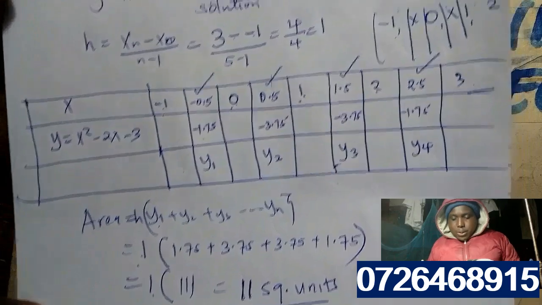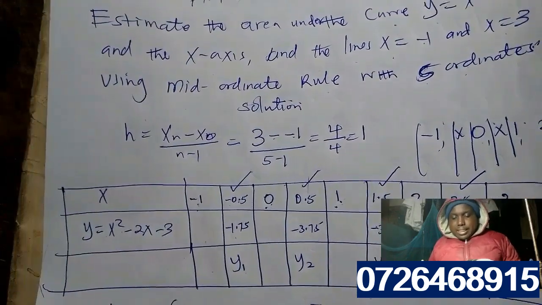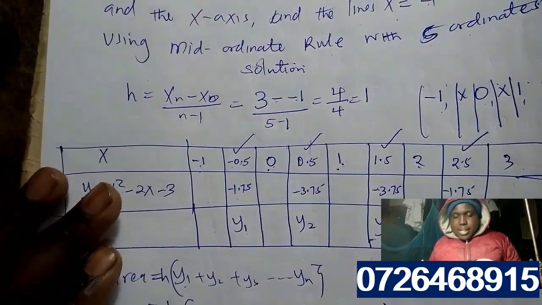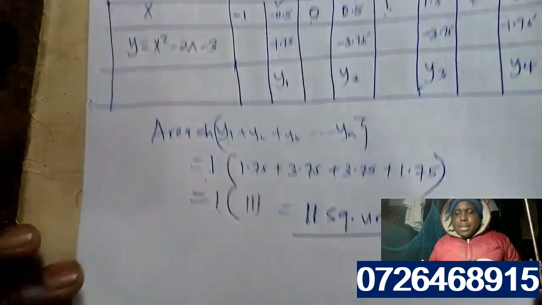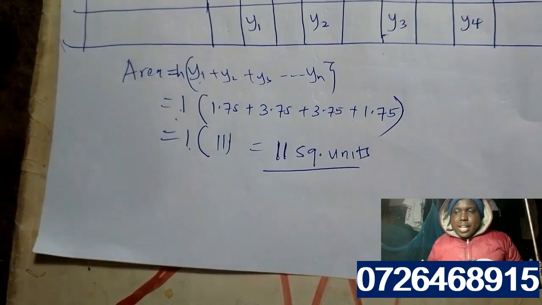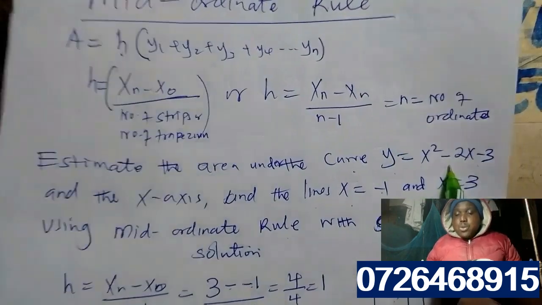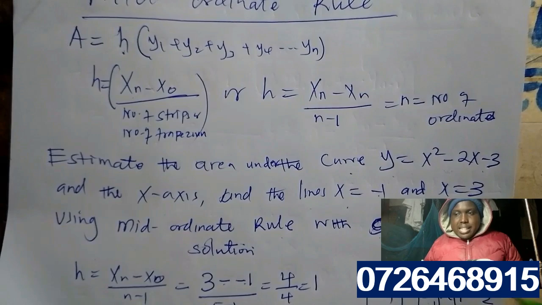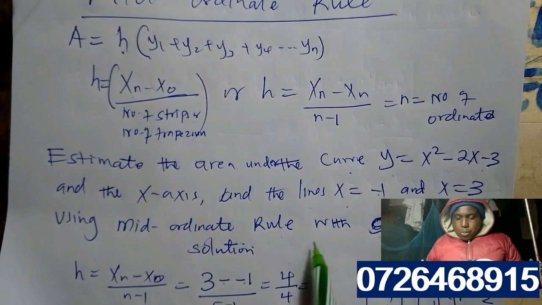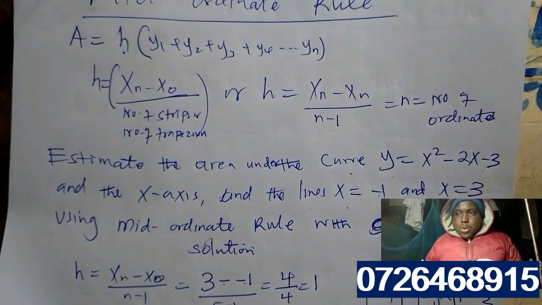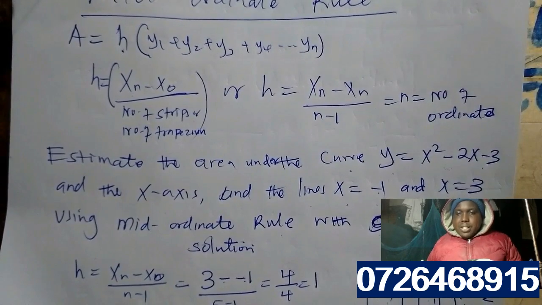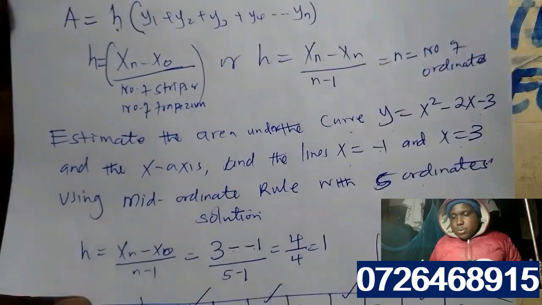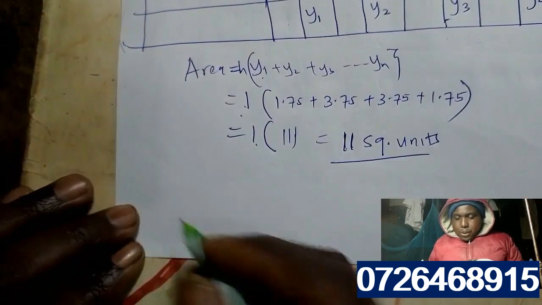11 square units. So once you have calculated this one, now you can get the percentage error. You can be asked to calculate the actual area of this curve. The actual area is obtained by integration. So you integrate and get the area from negative 1 to 3.